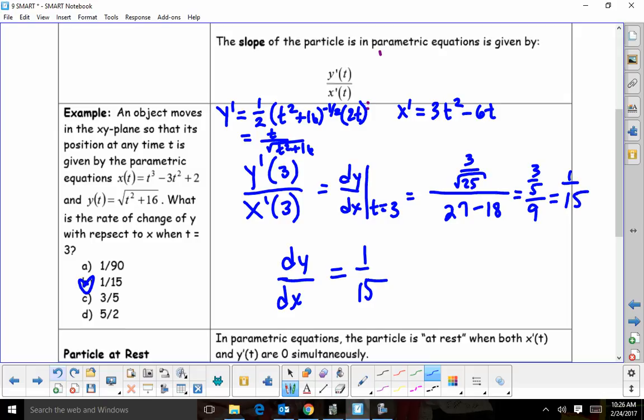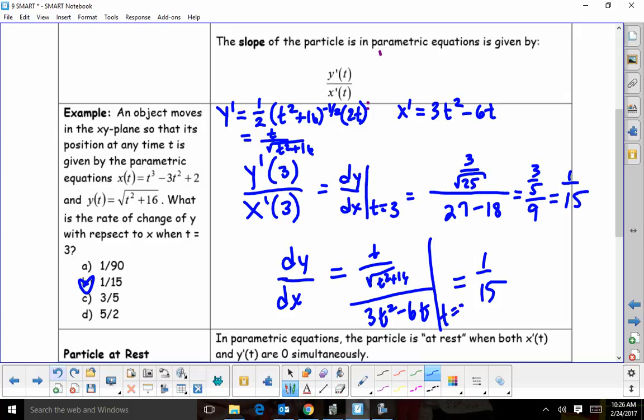dy/dx equals t over the square root of t squared plus 16, over 3t squared minus 16. Now what if I said that that equals 1/15? Again, -1. What if I put it here?